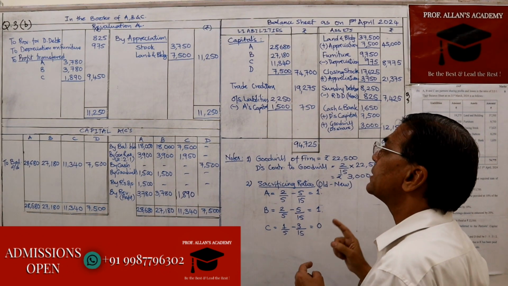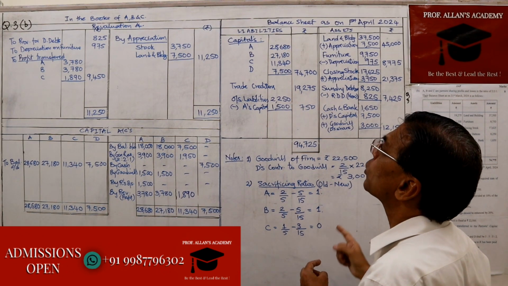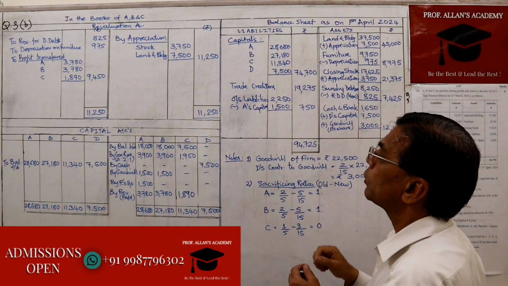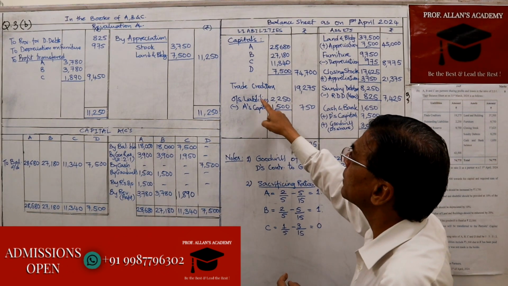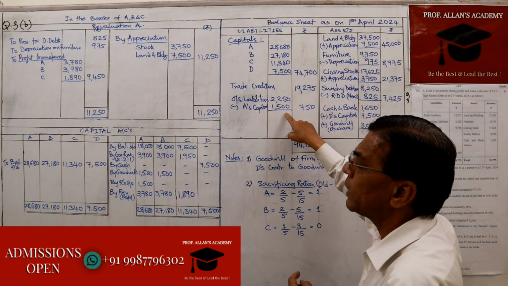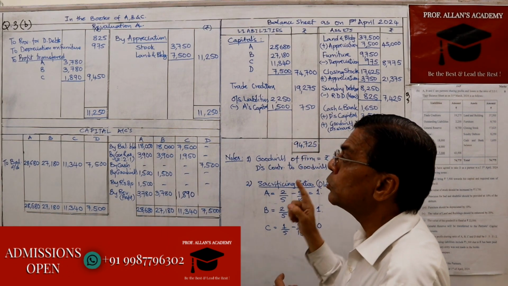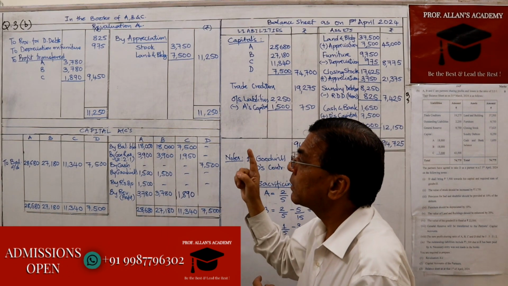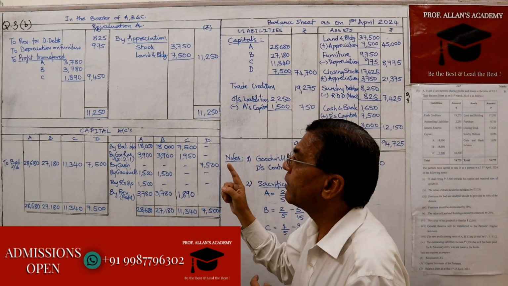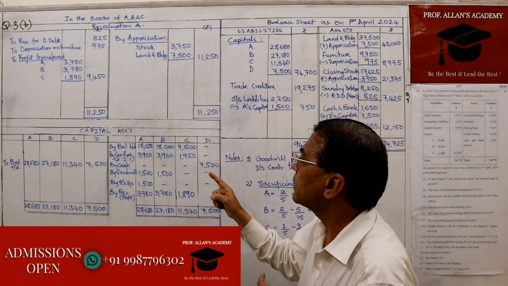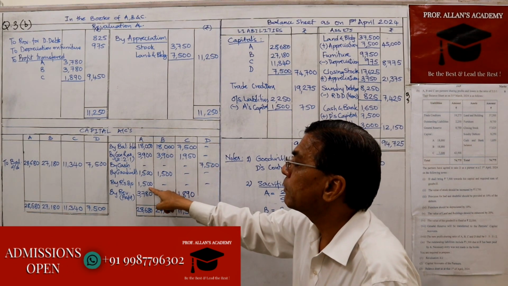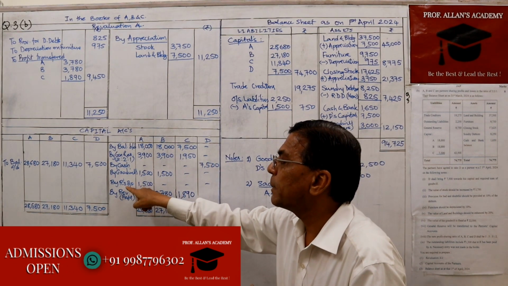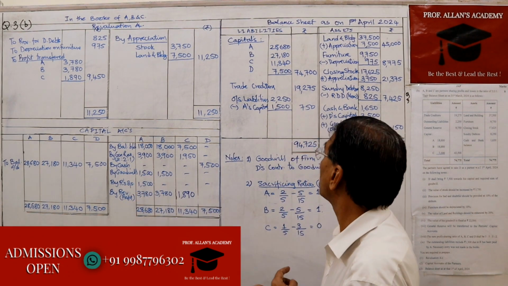But now they are saying that A is going to make this payment. So if A is going to make this payment, our outstanding liabilities will reduce. The person making the payment is A, a partner. Therefore, A will get a credit for it, 1,500, against R's outstanding amount.